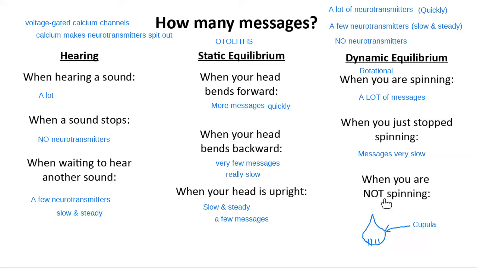Under normal circumstances, we are not usually spinning, just on occasion. When we're not rotating around, what's going on with my messages? How many messages do we spit out when we're just chilling out normally?